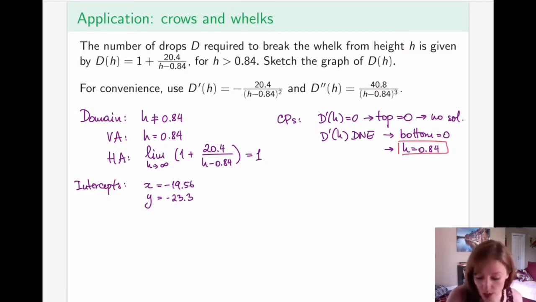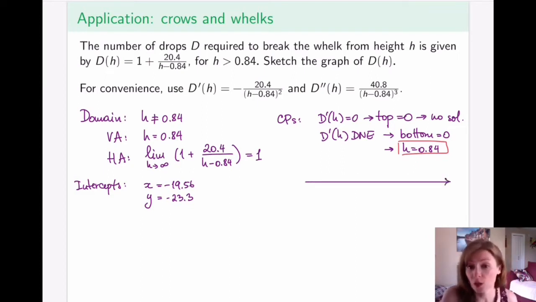Okay, so I'm going to construct myself a number line, just like we have been, and put all my critical points on it. Now I only have 0.84, and I'm going to analyze the behavior of the function before and after. So I'm interested in the sign of the derivative before and after this point.